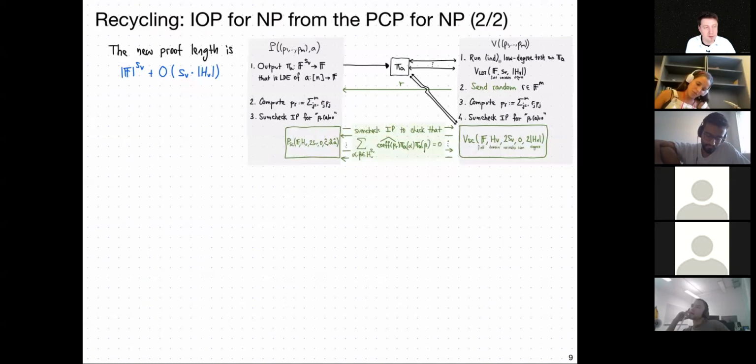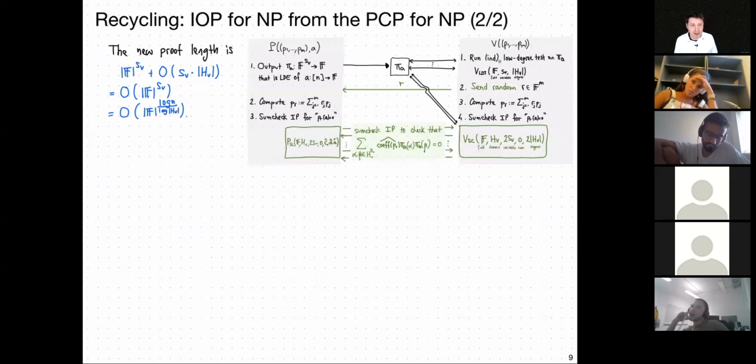So that's order of s_v times h_v. Now, this first term is the dominant one. We don't care about this because F is already the size of h_v, and here it's to the s_v rather than times s_v. And s_v, if you remember, is chosen to be log n over log h_v. So that's the new proof length.